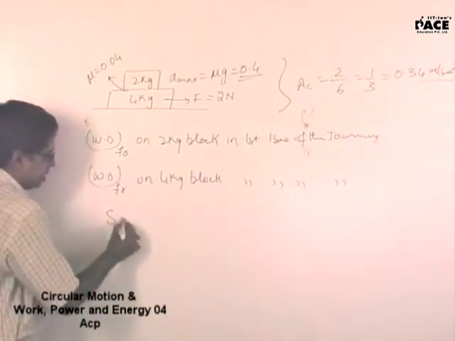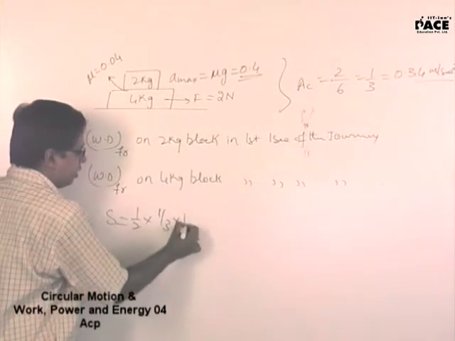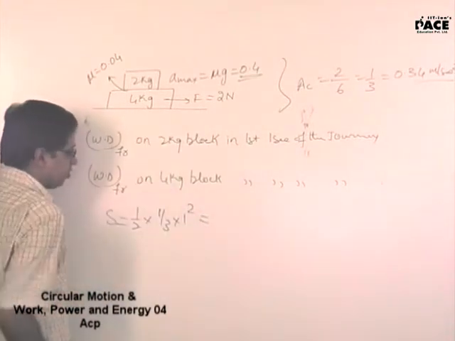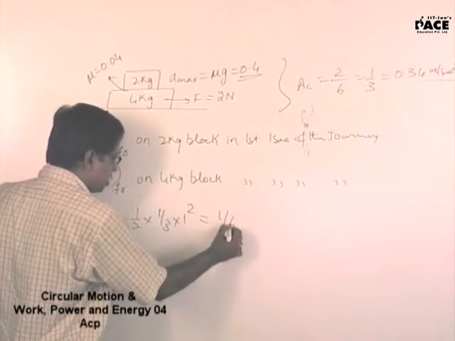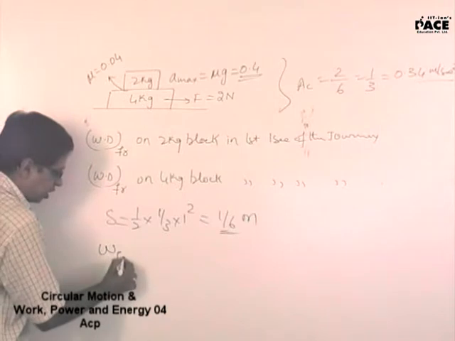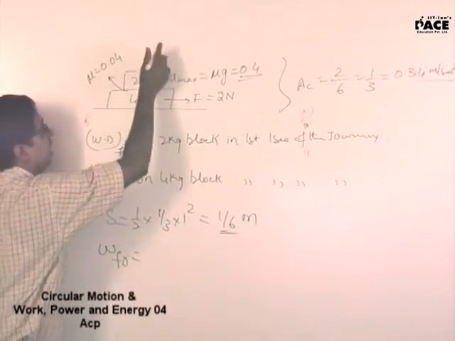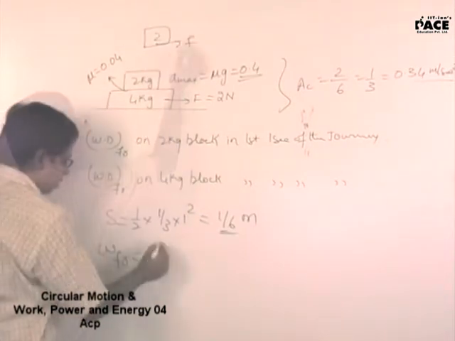In 1 second, the displacement of both will be half into 1 by 3 into 1 square. Initial velocity was 0. So this will become 1 by 6 meters. So the work done by friction on the 2 kg block will be, friction is in the forward direction for the 2 kg block.